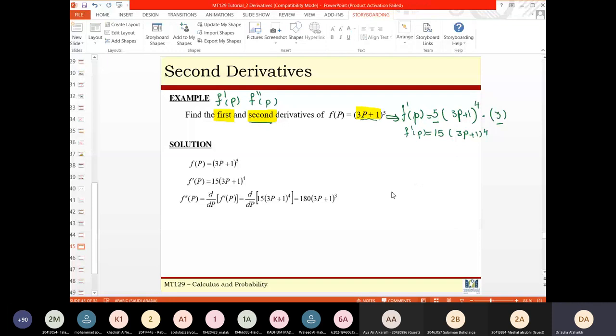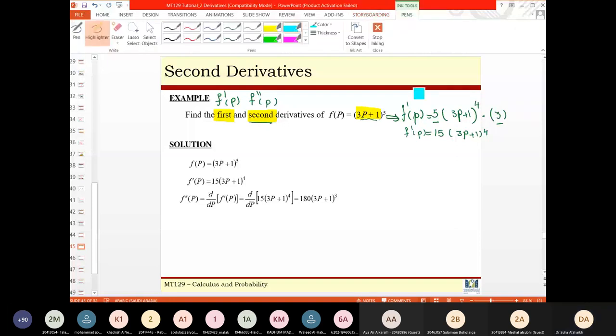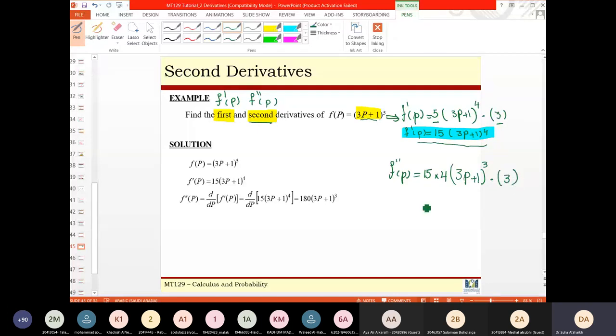They said they want me to find the second derivative. The second derivative is the derivative of the derivative. So f double dash of p is the derivative of this amount. It's equal to, I have 15 here, and down there we multiply with 4. We remain with 3p plus 1, the power 4 will be to the power 3, multiplied with the derivative of what is inside, which is 3.